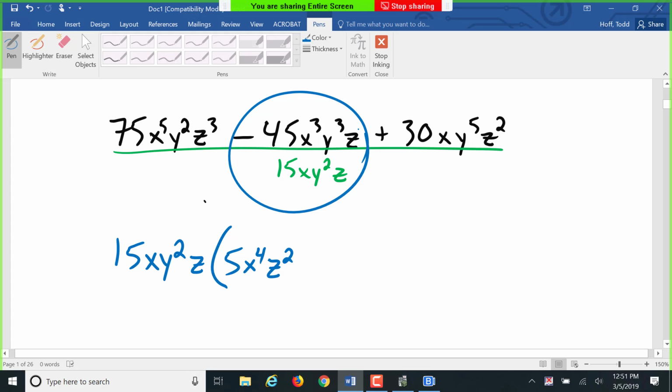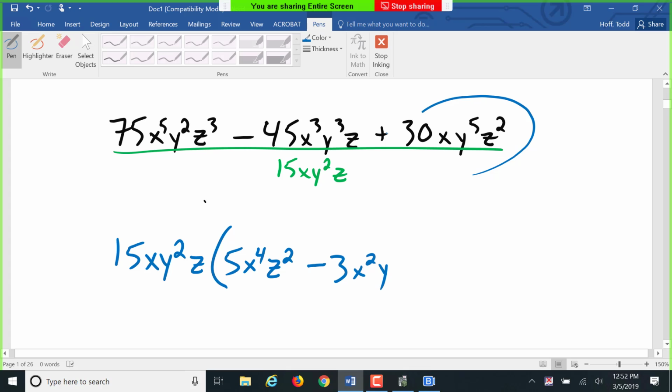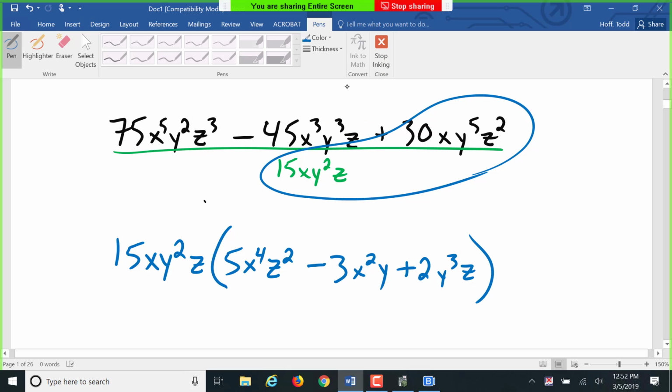How about the negative 45 divided by the 15? Minus 3. Perfect. Negative 3x squared y. And then the 30 divided by the 15. Perfect. Plus 2y to the 3rd z. Any questions there?